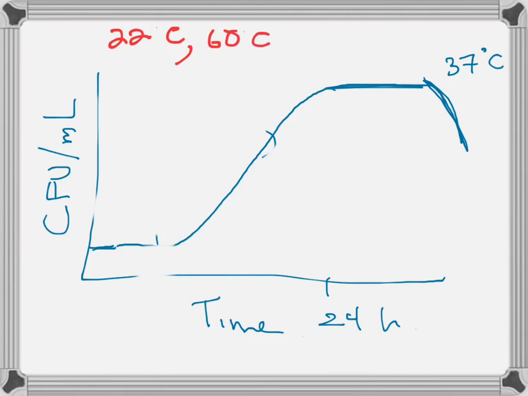I'm going to say one more thing here, and that is typically when you're looking at the ability of an organism to grow over a range of temperatures, we're really oftentimes only analyzing what happens right here. Okay, so for example, the book shows mesophiles grow over a certain range of temperatures.